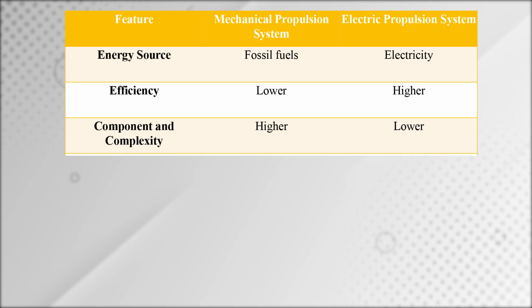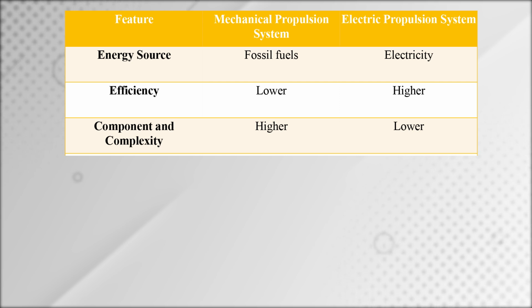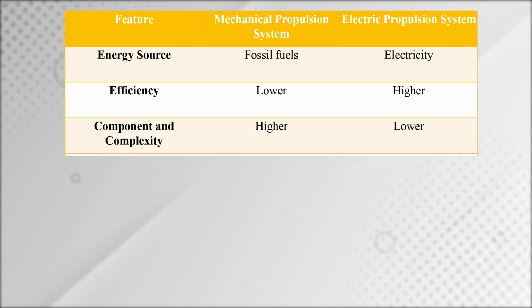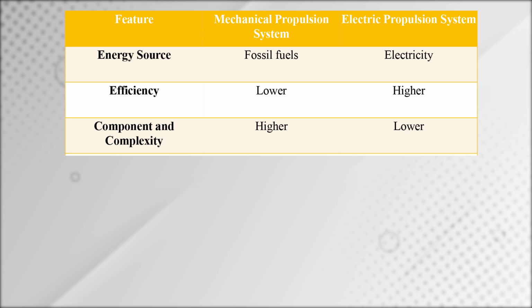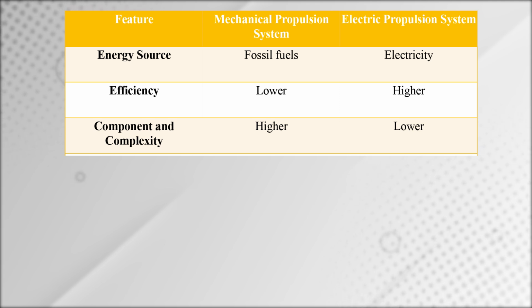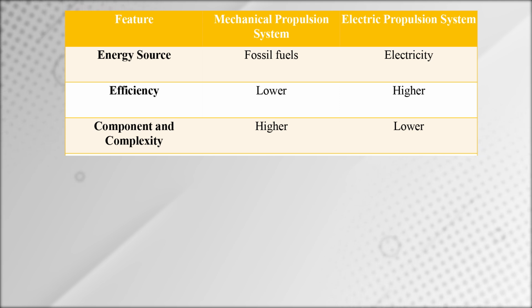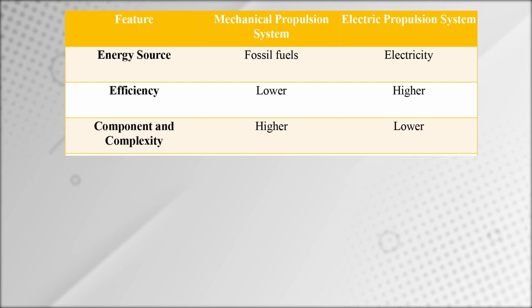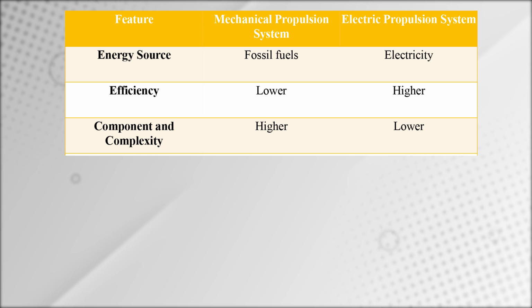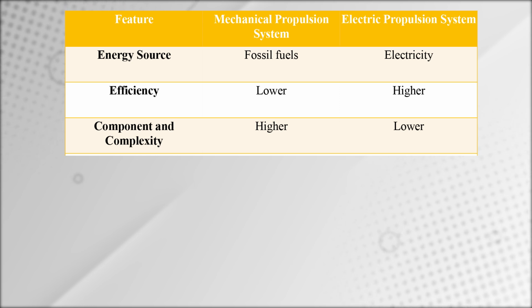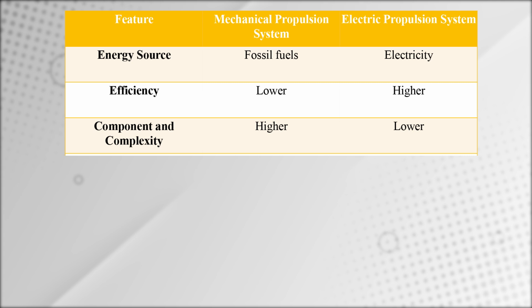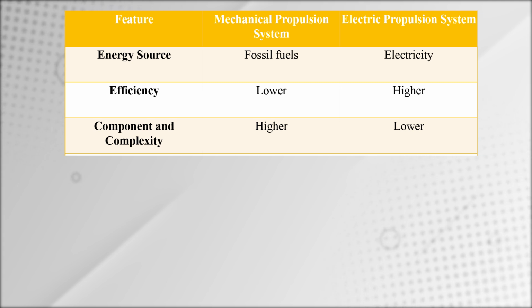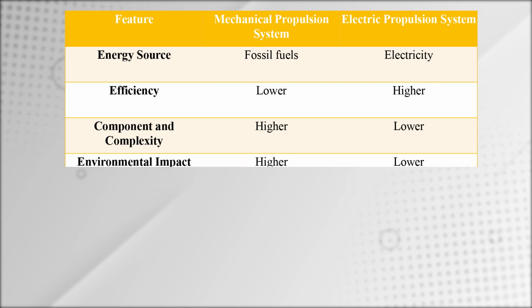Whereas the mechanical propulsion system includes a combustion engine, transmission, fuel system, exhaust system and various mechanical linkages, as we have discussed in the beginning classes, where we discussed the architecture of the internal combustion engine. All these components have been discussed in great detail. These components are more complex with numerous moving parts that require regular maintenance and are prone to mechanical failure.